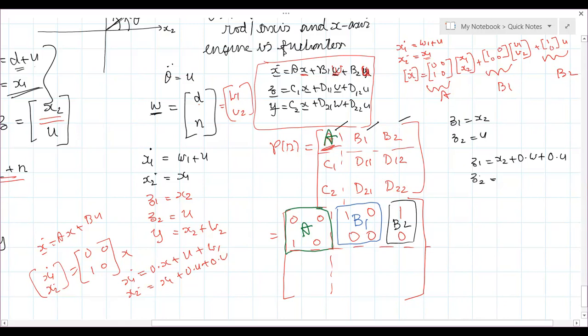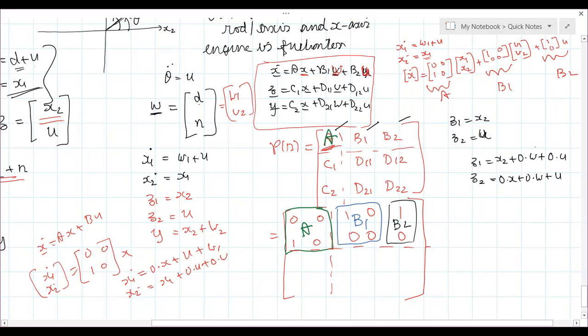What will be Z2? Z2 was what? I cannot read my handwriting. U. Okay. So 0 into X plus 0 into W plus U. Okay. So what will be C1? 0 1 0 0.